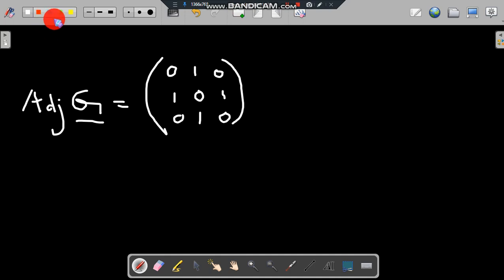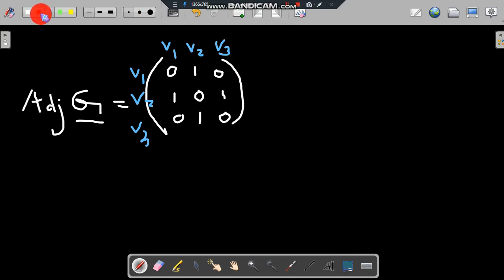The first step is we have to give the vertex name for the first column, for the second column, and for the third column. Similarly here for the first row, first vertex, second row, second vertex, and third row, third vertex. So totally how many vertices are here? 3 vertices are here.